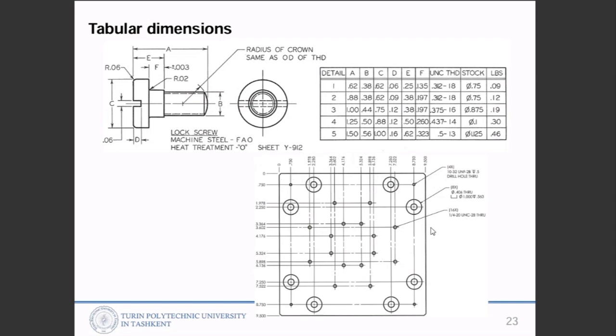If you have a lot of hole information on a plate, like sheet metal, you can do it this way. Start from one reference, like right here 0, and then horizontal and vertical values can be written in specific places, showing us the centers of the holes.